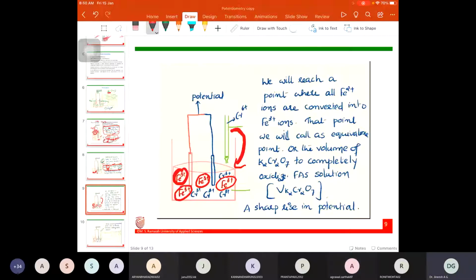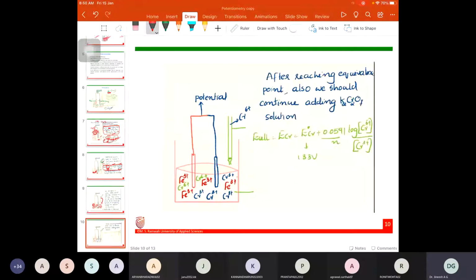Any doubt? So what you are actually doing is incorporating Cr6+ ions into the solution, right? Because it is not going to react now. So after the equivalence point, you are introducing a new ion, which is Cr6+, into the solution, right?